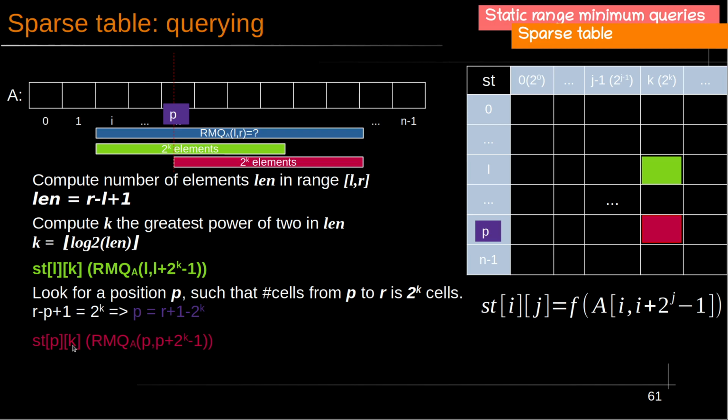So here, using this formula, we can compute P. P is equal to R plus 1 minus 2 power k. So ST[P][k] is the minimum from P to P plus 2 power k minus 1, which is the position starting from P if we take 2 power k elements.